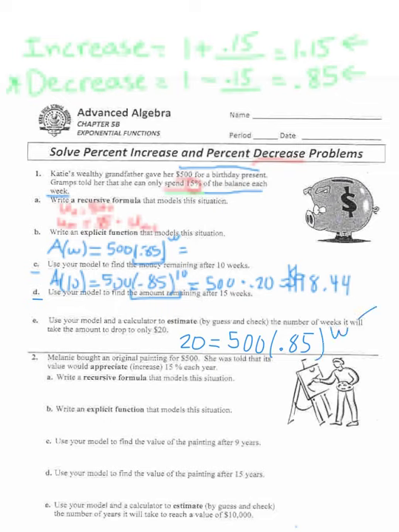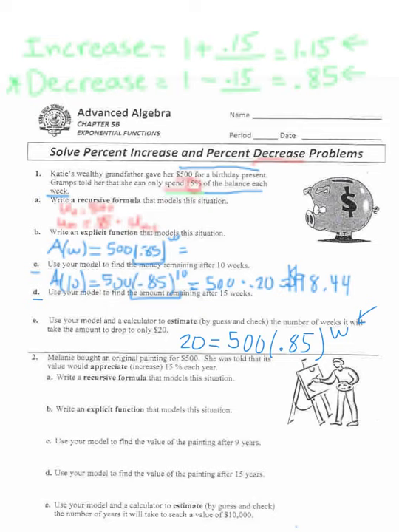We have not learned how to find W where the missing variable is an exponent, but it will help you realize that there is a need, or a way, to be able to find that exponent. But right now we're just going to simply use our calculator to guess and check.